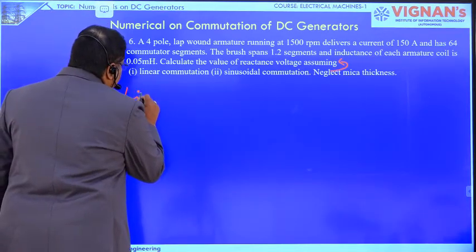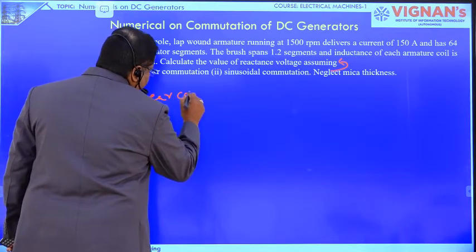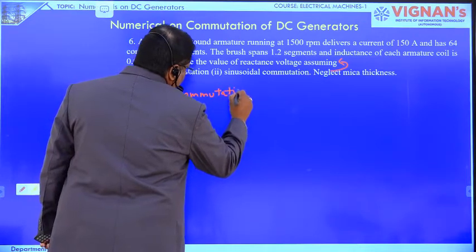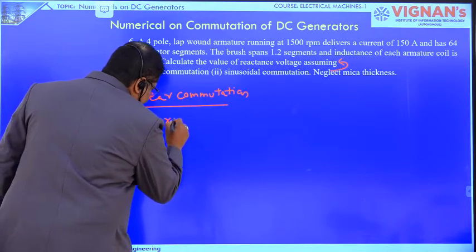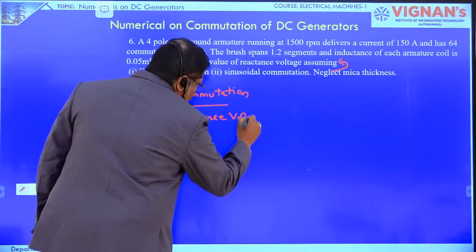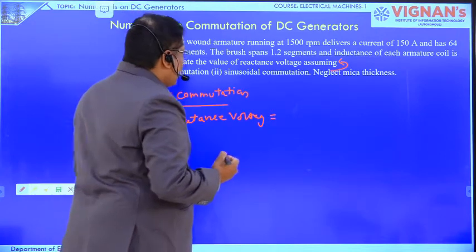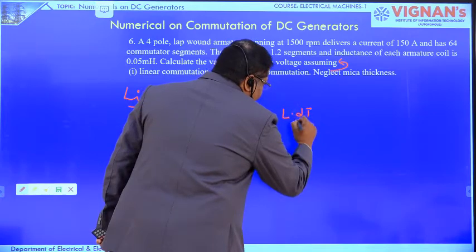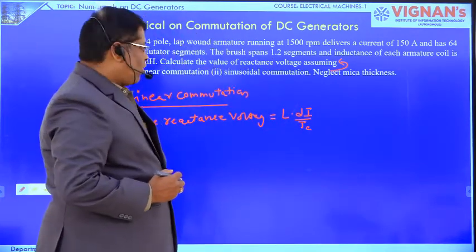In linear commutation, the reactance voltage equals L, the self inductance of the coil, into di by dt. Tc is nothing but the commutation time.